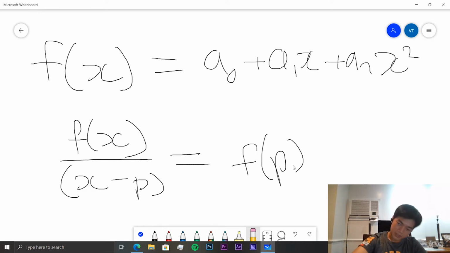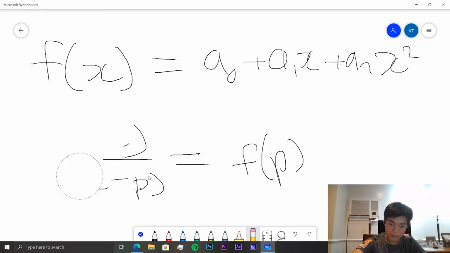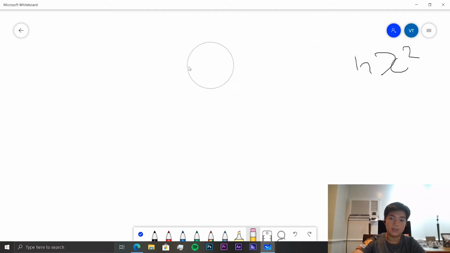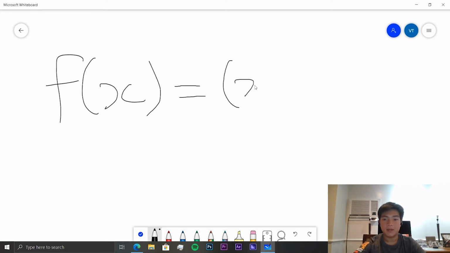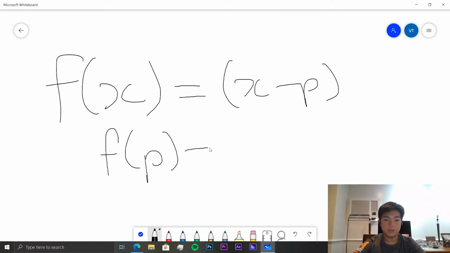Okay, so next, we need to cover the factor theorem, which is a direct result of this theorem. The factor theorem says that if we have a polynomial that has a factor, something like x minus p, then f of p will be equal to 0.